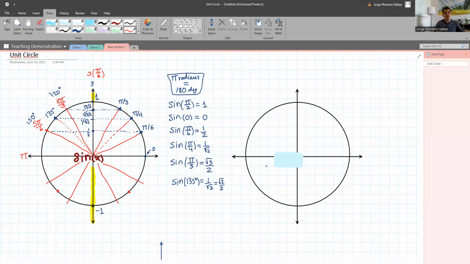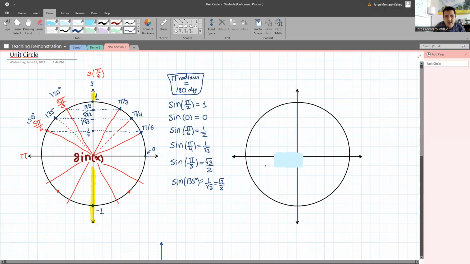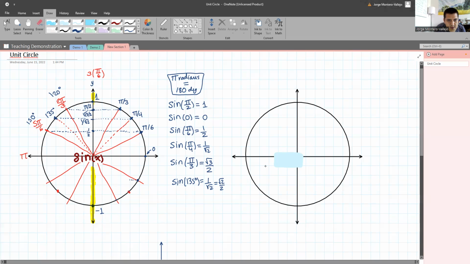Okay, so what are their sine values? Well, again, you just need to identify where their shadows are on the y-axis. So this point over here, this point over here, and this point over here. So this one has a shadow, again, exactly halfway through the space between 0 and -1. So then this is -1/2.